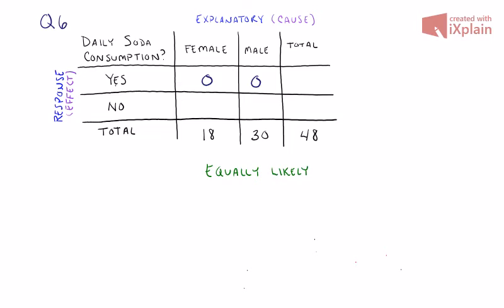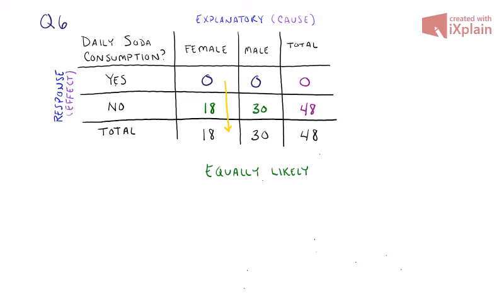That would mean that everyone that you speak to is saying, no, I don't have it. So no one is stepping forward, either being honest, or they legitimately don't drink soda every day. And again, if we total these out, we still would get 0 on top, we get 48 on the bottom, and we can still check this.